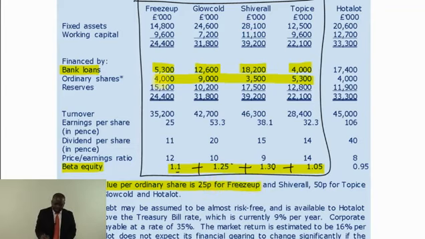So when I pick Freeze Up of 4,000, I have to divide by 25p. Shiver All, when I pick Shiver All of 3.5, I need to divide by 25p again. Top Piece is 50p. If I pick Top Piece of 5.3, I need to divide by 50p. And Glow Code is 1. So Glow Code of 9,000, you divide by that. And you need to multiply by market price. What is the market price? Market price is not given here.